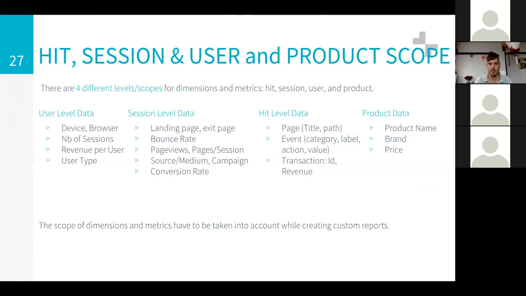We'll cover that a bit later. At the hit level, you will have things like the title, transaction, and revenue. So the scope of the dimensions and metrics really impacts your report. Especially if you are creating custom reports or exporting them, make sure that the combination is possible.